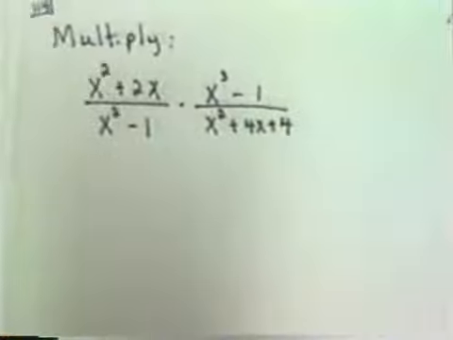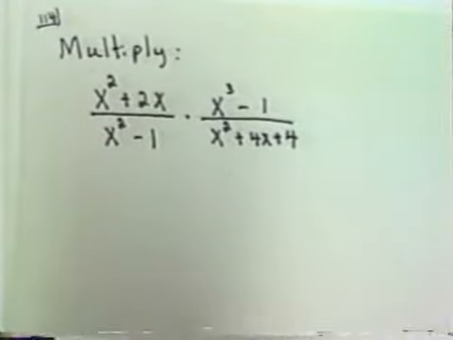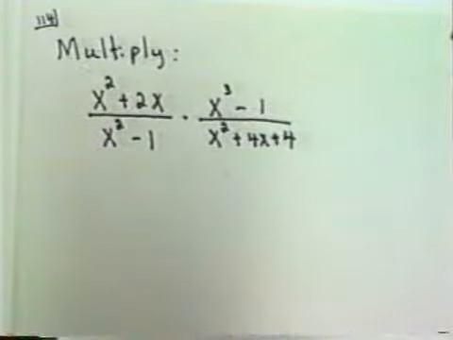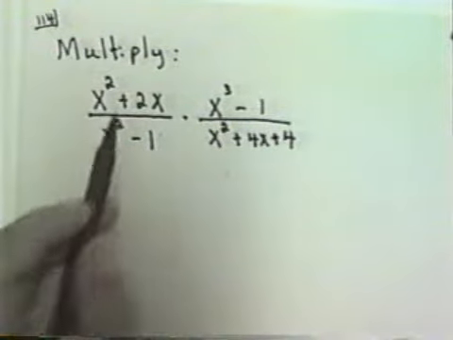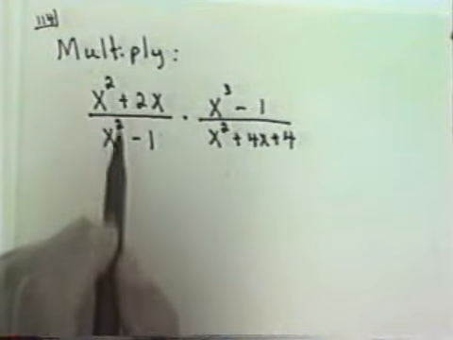Let's look at an example. Let's multiply x squared plus 2x divided by x squared minus 1 times x cubed minus 1 divided by x squared plus 4x plus 4. What we want to do is completely factor everything.